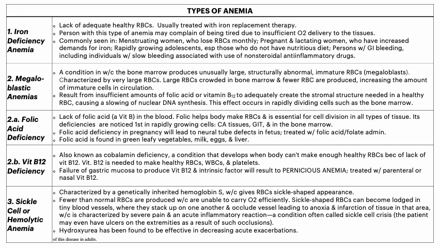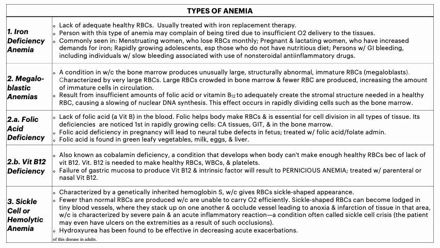The third type of anemia we have is sickle cell or hemolytic anemia, and this is characterized by a genetically inherited hemoglobin S, which gives RBCs a sickle cell shape appearance. Fewer than normal RBCs are produced, which are unable to carry oxygen efficiently.